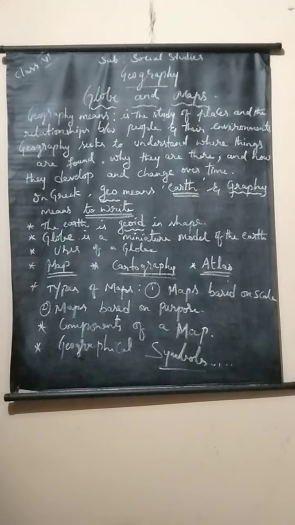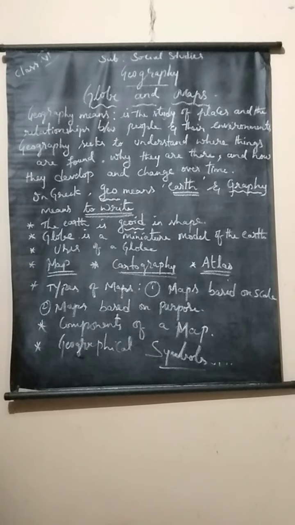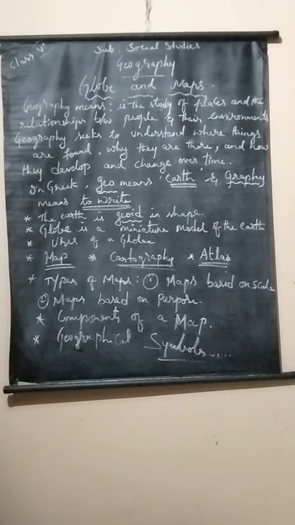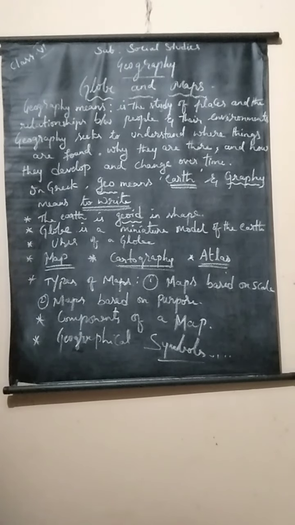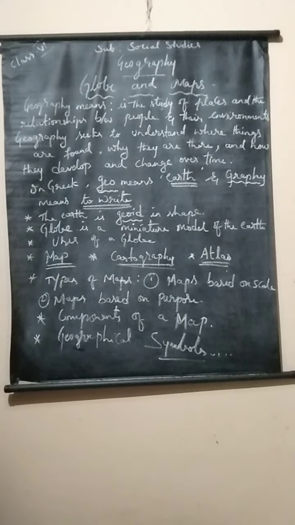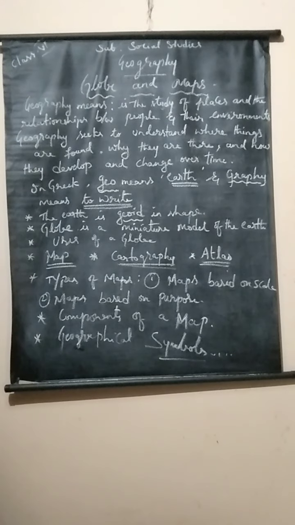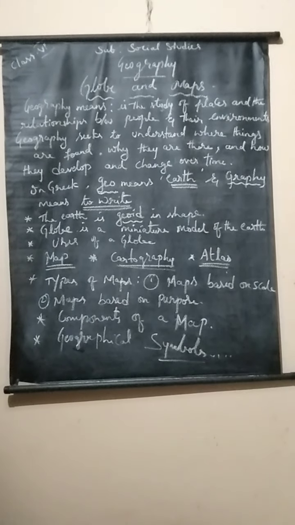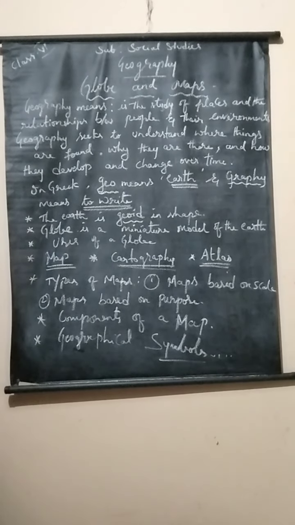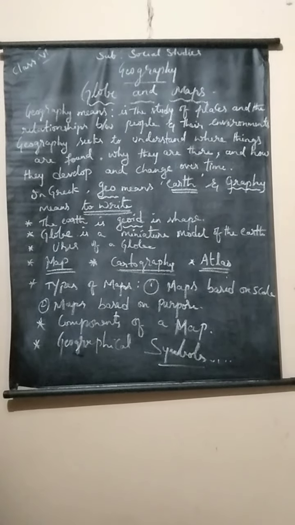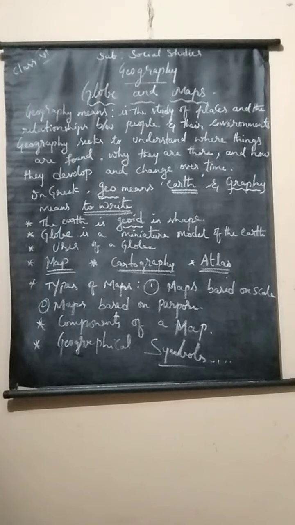A symbol used to represent any feature is called an index. The index is an important component and represents all the features shown on a map. Various colors and symbols are used in the index. Example, blue color for water bodies, green for lowlands, etc.